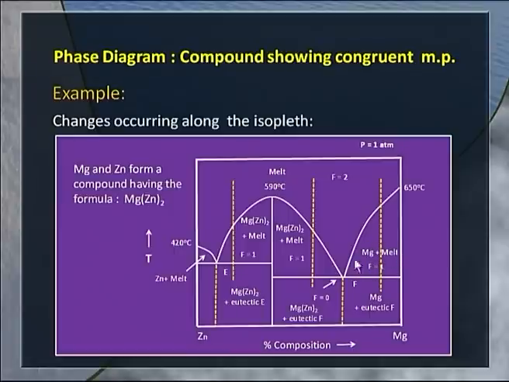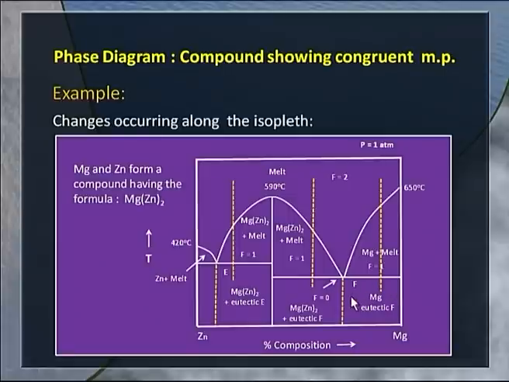You have magnesium, the compound, and the melt, and solidification sets in and continues at constant temperature, and ultimately we reach a stage where the melt has completely solidified and we are left with only solids.